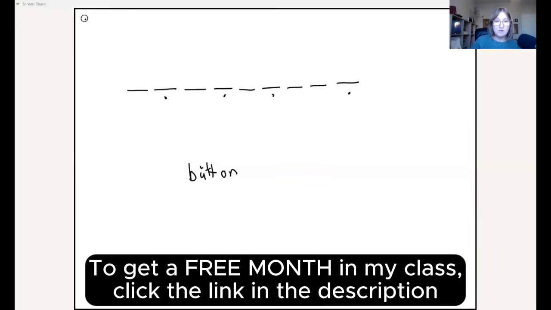Otherwise I would have said bootin. Same with this one. This one is also the tap 2 rule. If it's a long vowel sound, it needs another vowel in the next 1 or 2 spots.